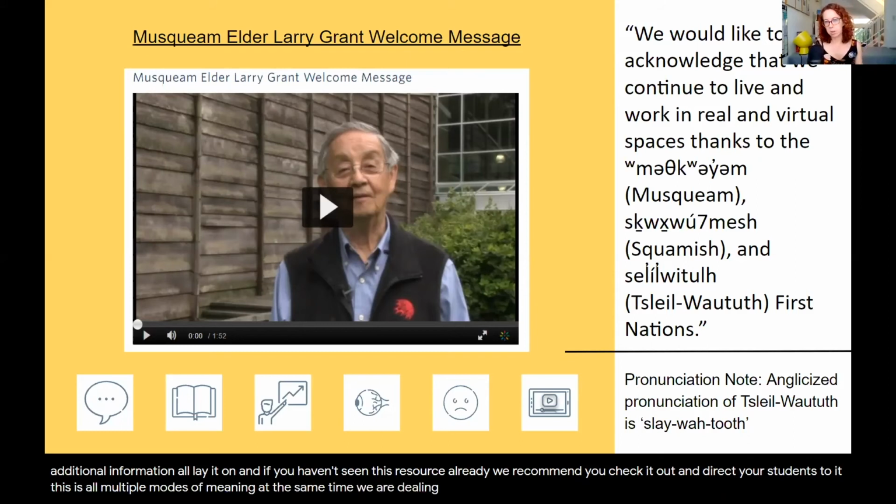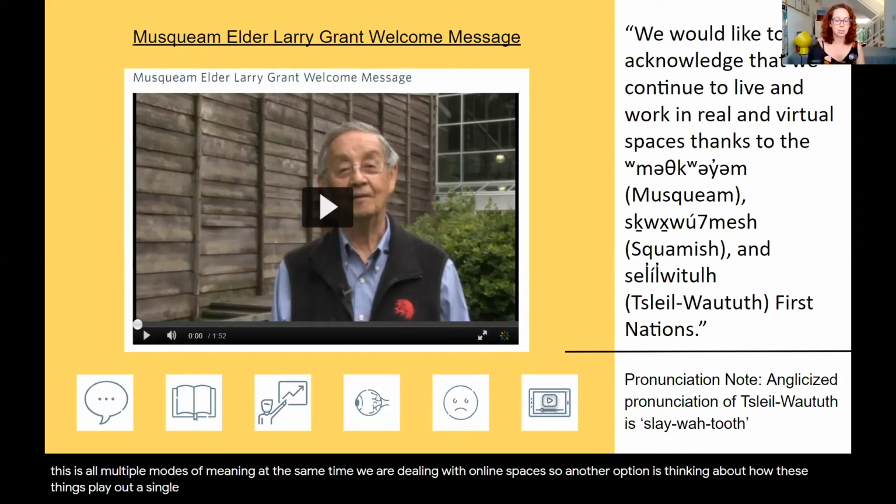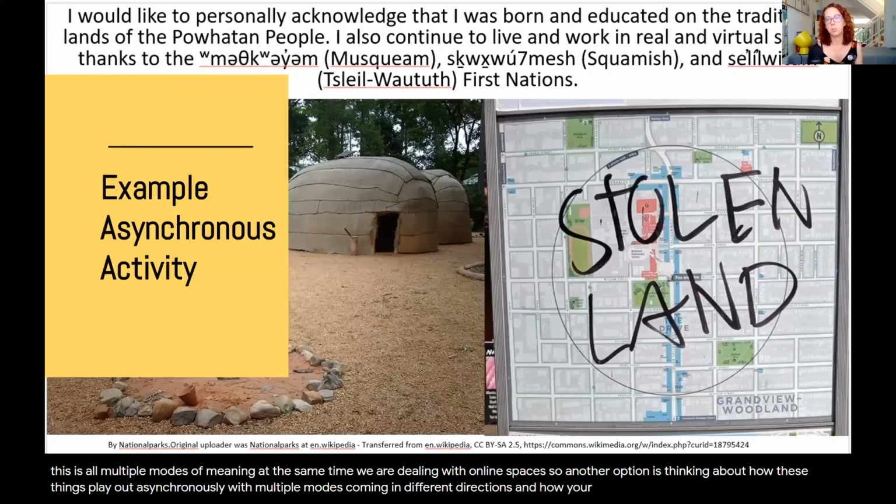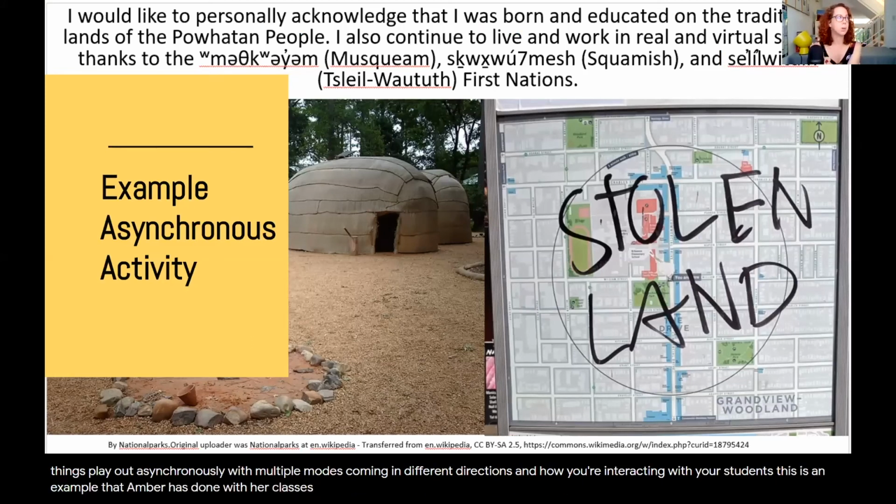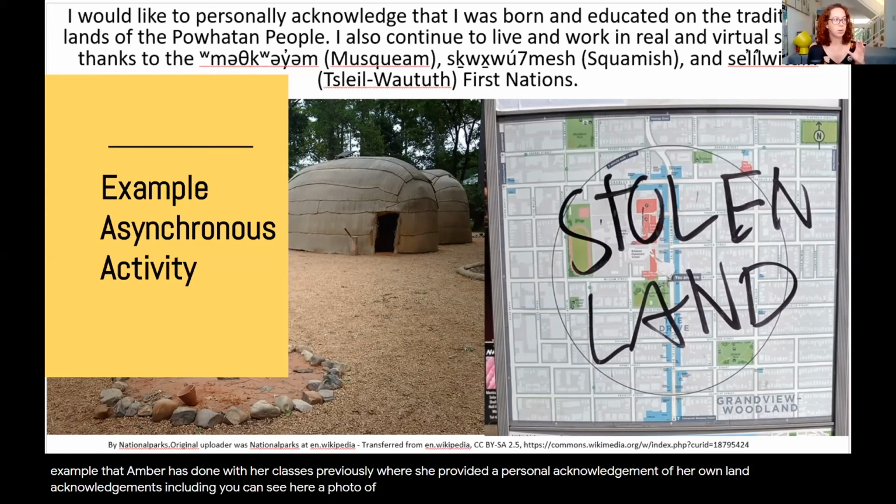We are dealing with online spaces, so another option is thinking about how these things play out asynchronously with multiple modes coming in different directions and how you're interacting with your students. This is an example that Amber has done with her classes previously, where she provided a personal acknowledgement of her own land acknowledgements, including, you can see here, a photo of a recreation of a Powhatan village and a map of Vancouver.